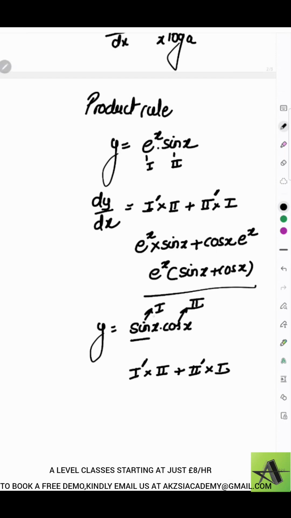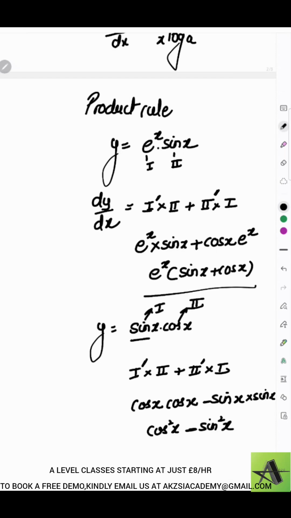So differentiation of first function is cos x, and cos x will be written as it is. Now differentiation of second function, which is cos x, is minus sin x, and first function as it is, which is sin x. So we'll get cos squared x minus sin squared x.